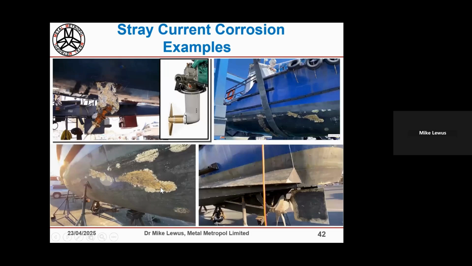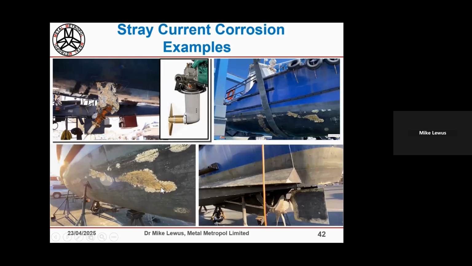But the interesting thing to point out is that where you've got high stray currents being generated, the field lines are strongest at sharp edges. So you find on this particular hull that the trailing edges are the things that get damaged quite seriously.